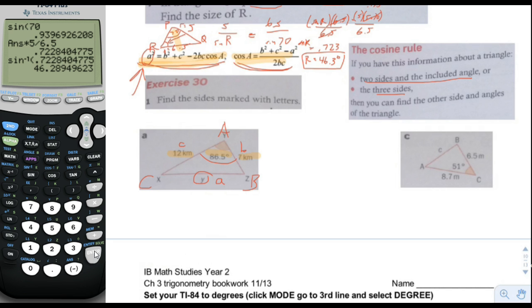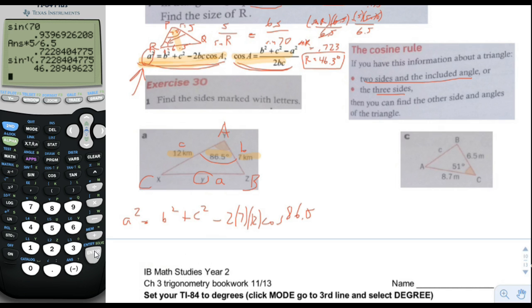Okay, now that I have everything relabeled, I can use the equation they gave us, and it's not so confusing. So the cosine of big A would be the cosine of 86.5. The B and C are 7 and 12, so this would be multiplied by 7, multiplied by 12.